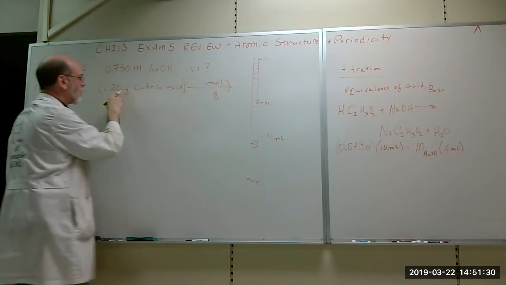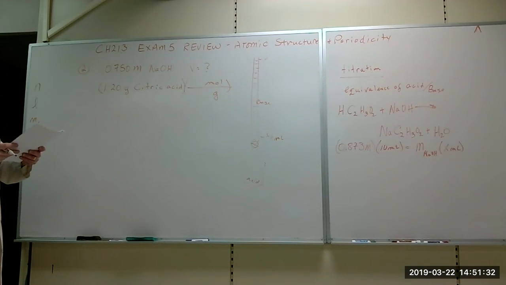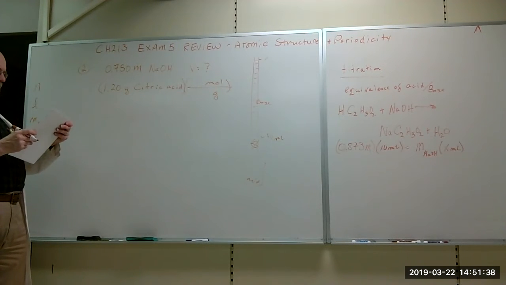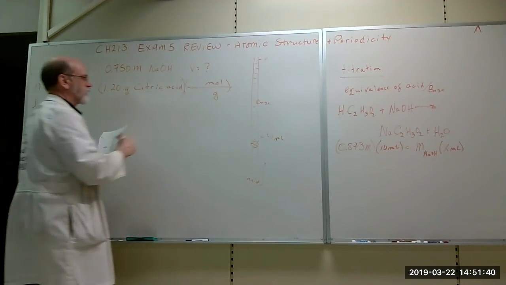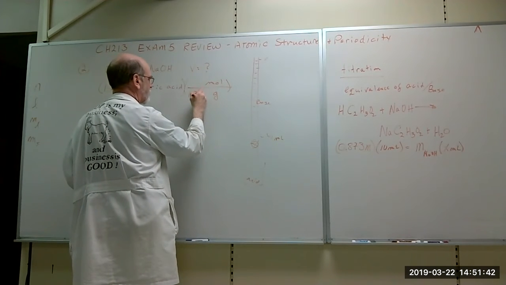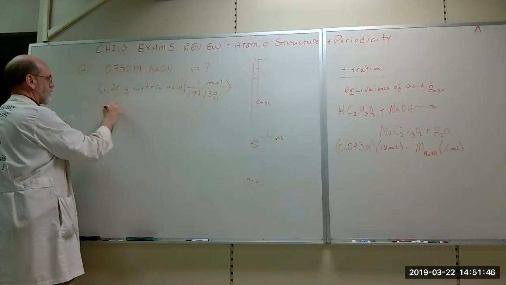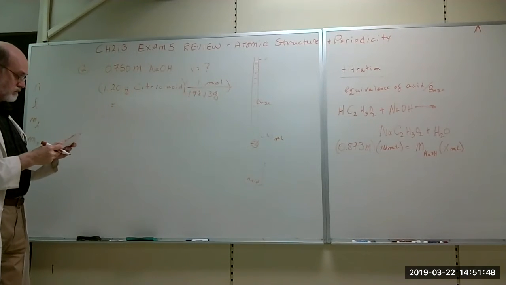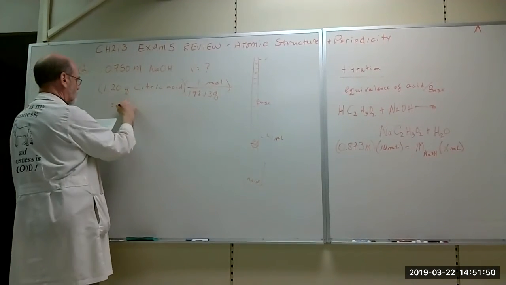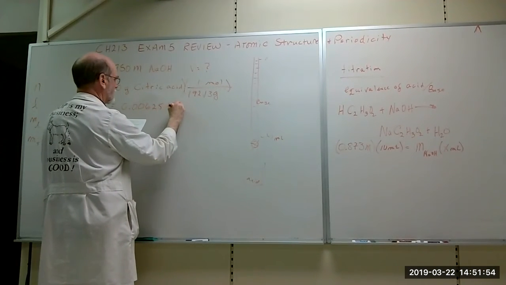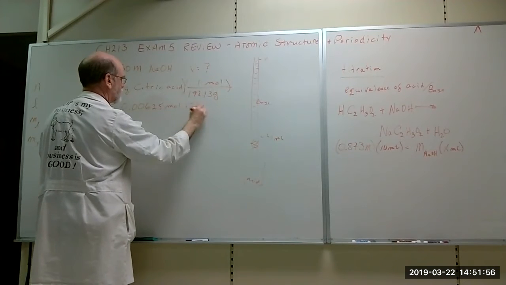So we need to know the molar mass of citric acid, which is 192.13. Okay, so that gives us 0.00625 moles of citric acid.